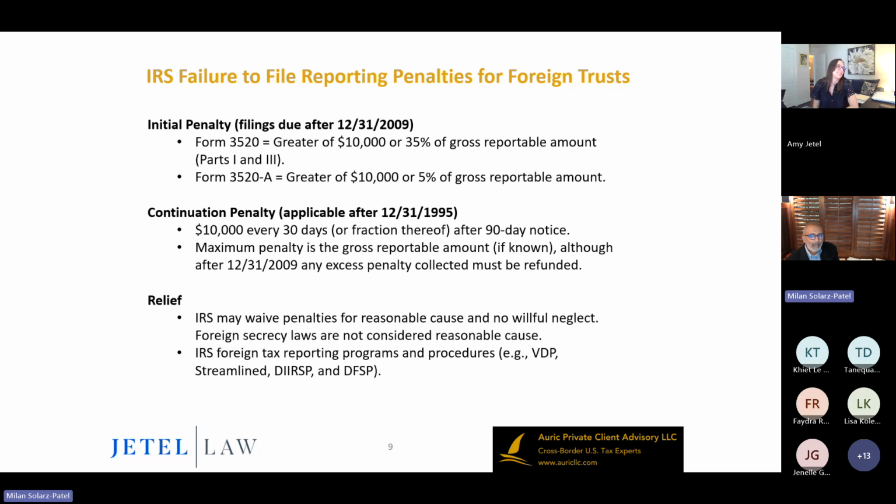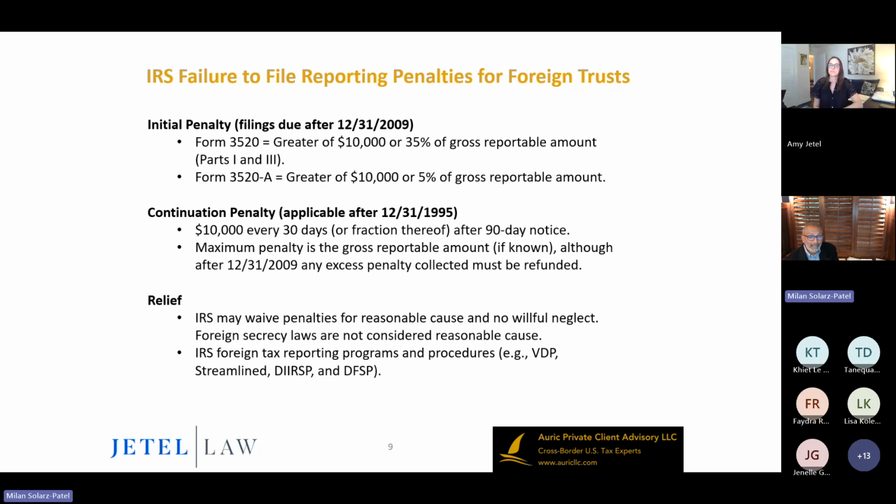What happens if you don't file? It gets pretty nasty. The penalties are significant. This is why I said reporting is where the rubber meets the road, because if you don't file, it is pretty hefty.